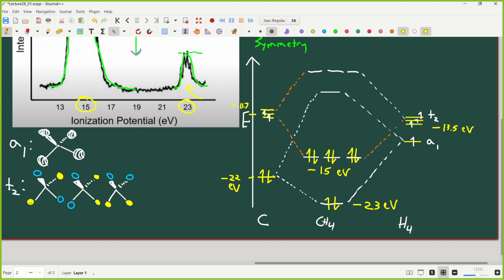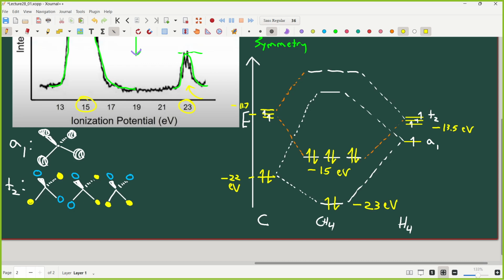So if methane has to adjust away from tetrahedral symmetry, its orbital structure is going to change. Remember, it's no longer tetrahedral symmetry, because the atoms can now move closer to that other p orbital with the single electron in it, because there's not as much repulsion. The ordering of the molecular orbitals will change when you ionize this molecule.